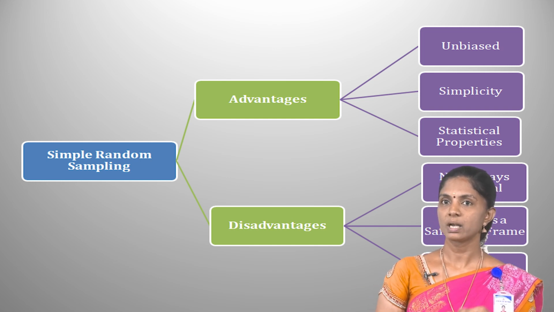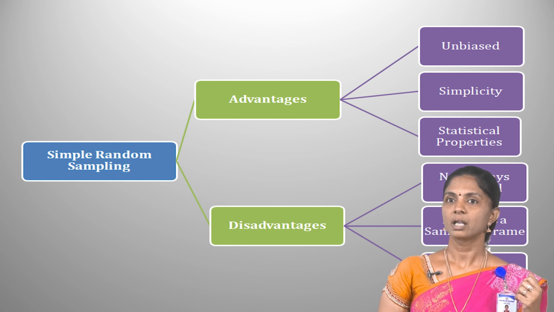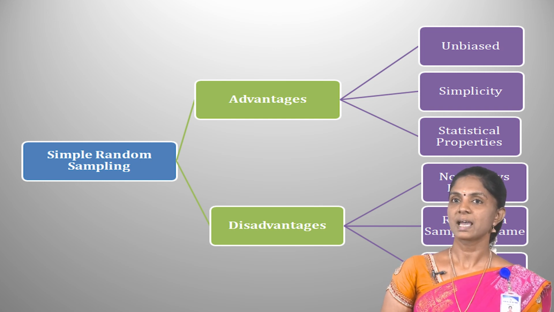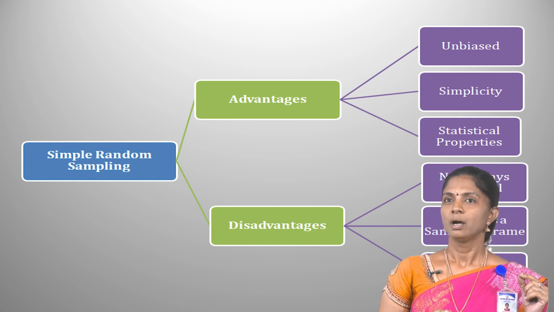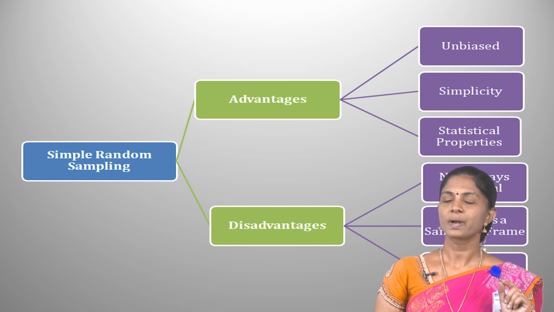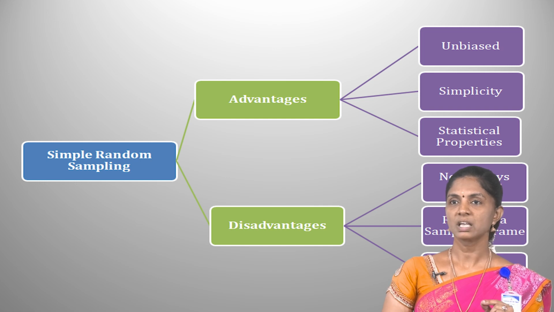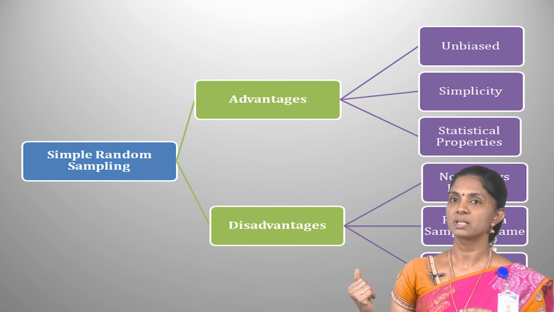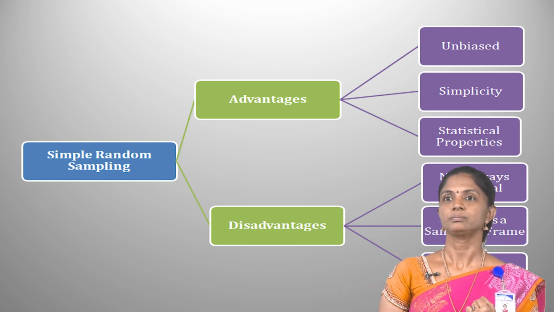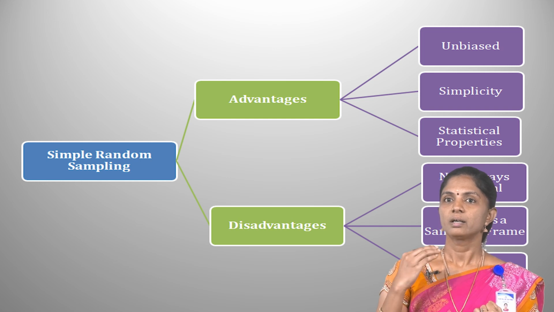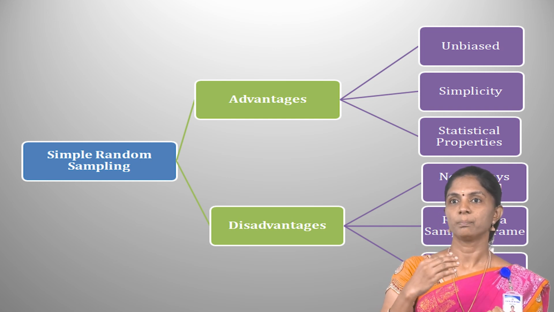Disadvantages. One is impractical, requiring a sampling frame, and randomness challenges. It is not always practical for a large population if creating a complete list of the population is difficult. Requires a sampling frame.